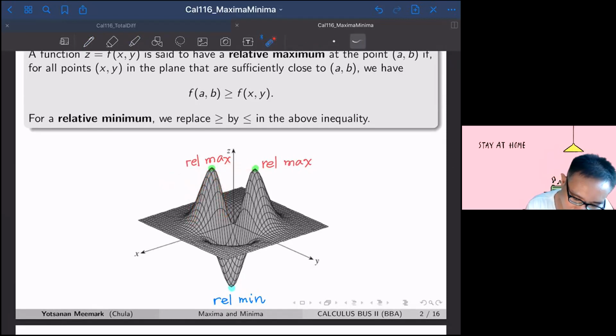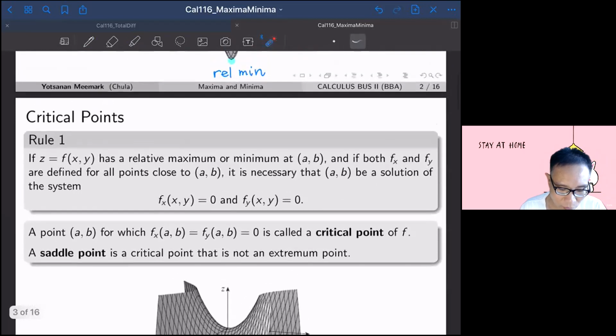Similarly, if you find the partial derivative with respect to y, you take a tangent line parallel to the y-axis, and the partial derivative with respect to y at the peak also turns out to be equal to 0.